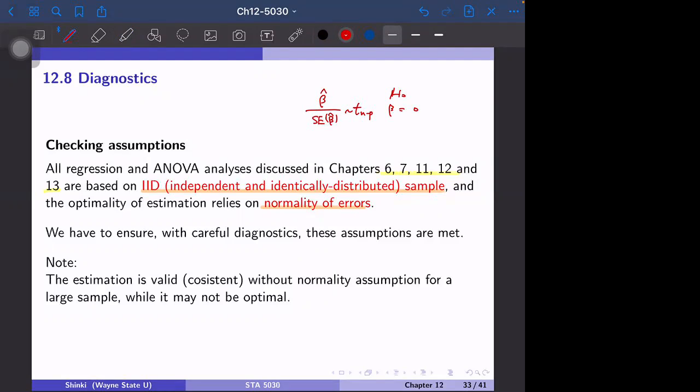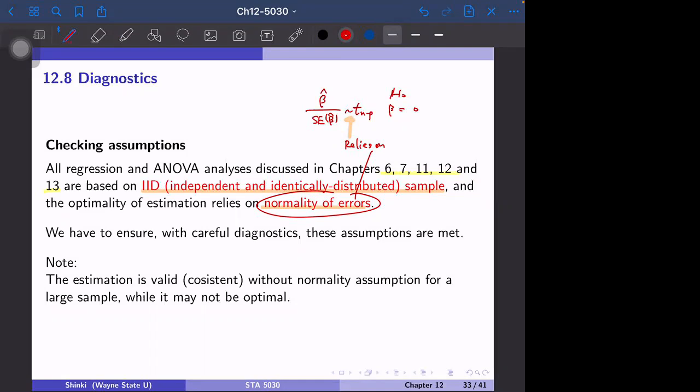If it's not normal, beta hat over the standard error of beta hat does not follow the t-distribution. So this depends on normality of errors. We have to ensure with careful diagnostics that these assumptions are met.